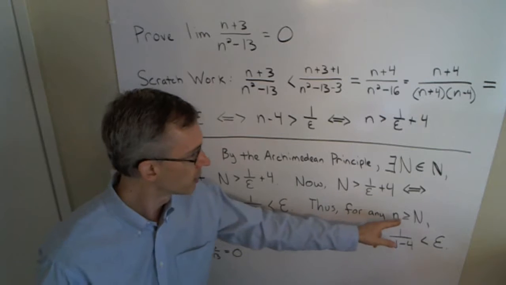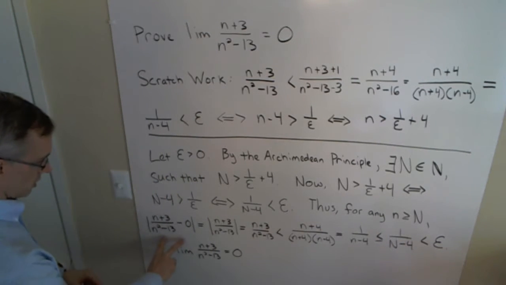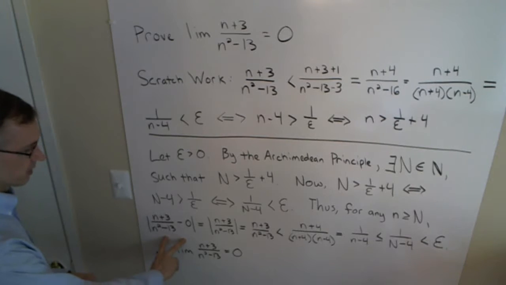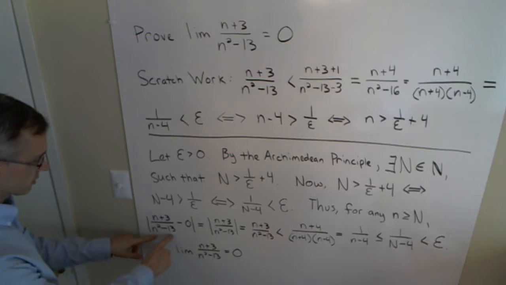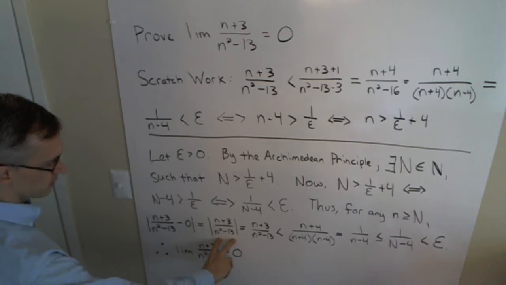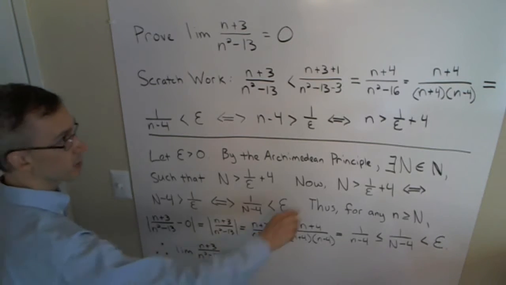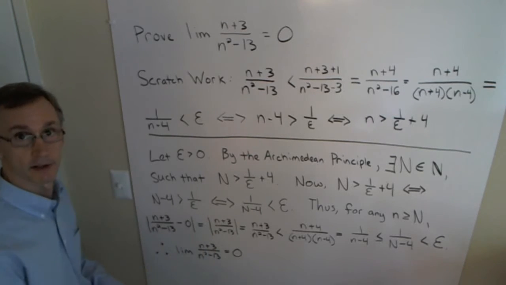Thus, for any n greater than our critical value, this is from the formal definition of convergence. We've got the expression for the sequence minus the limit. Simplify here. And now, as we showed, n has to be at least 4, making the denominator positive.